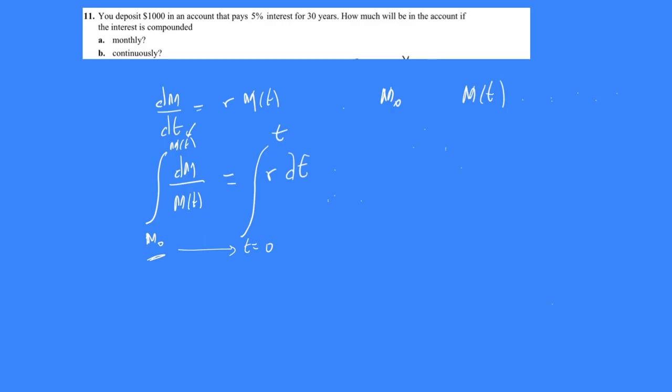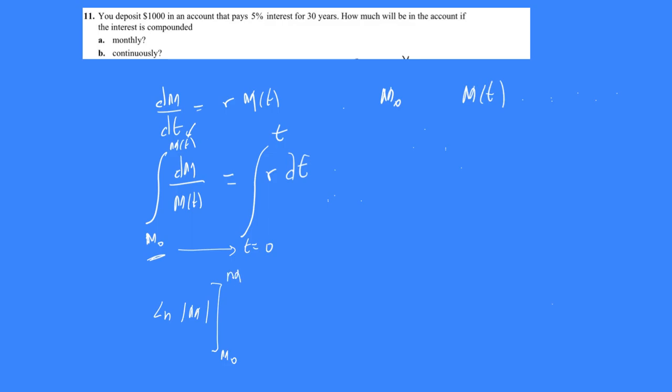So what is the integral of 1 divided by the function times the derivative of the function? This is the logarithm of m, evaluated between m0 and m final.